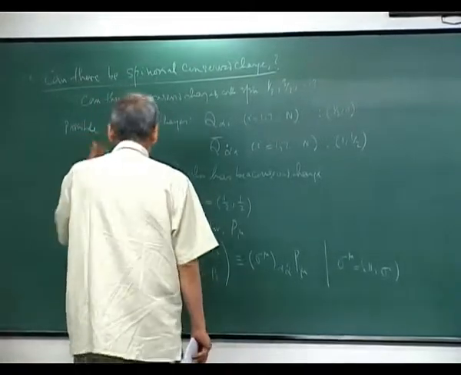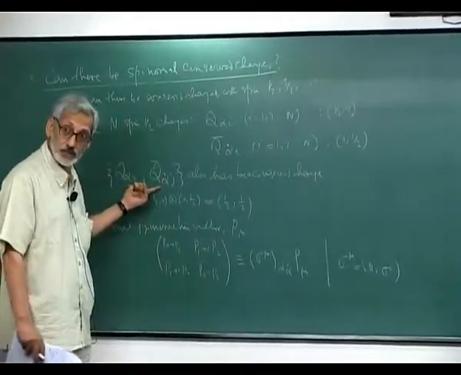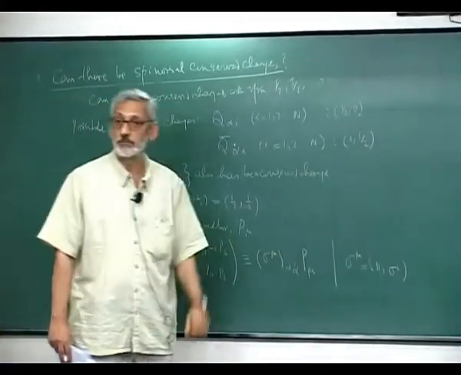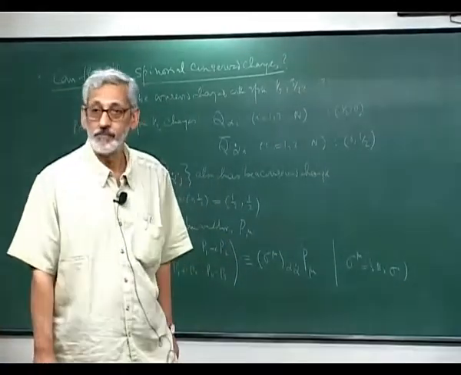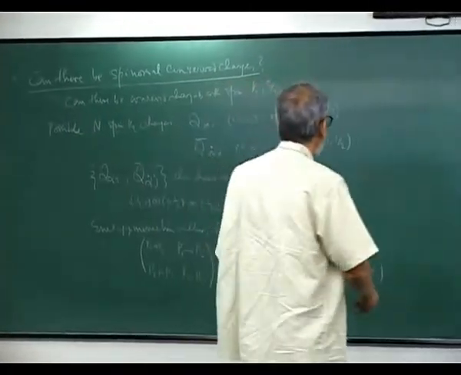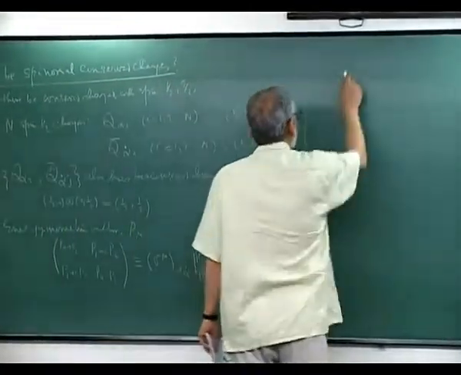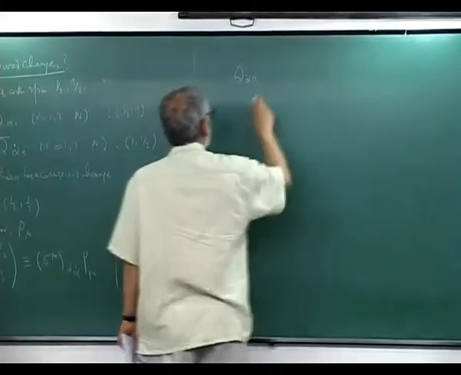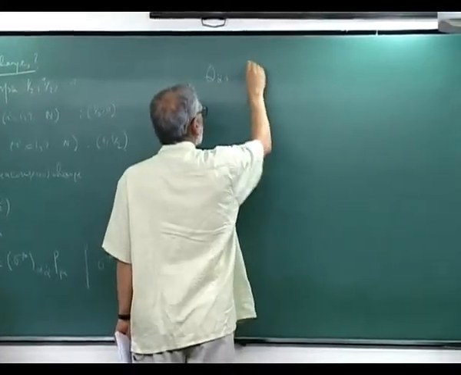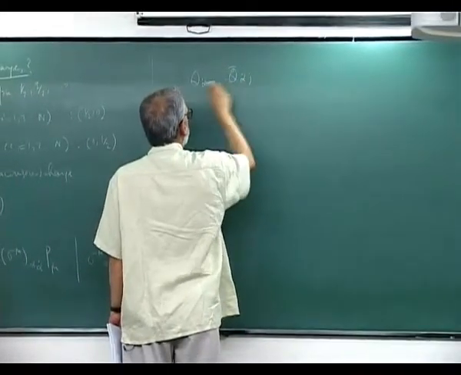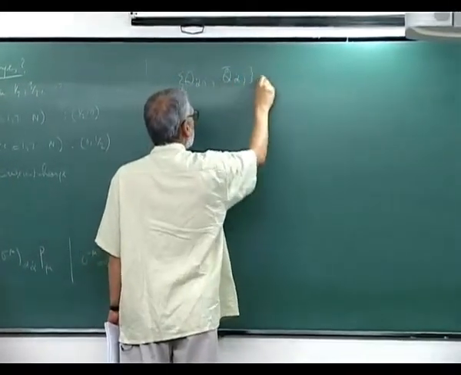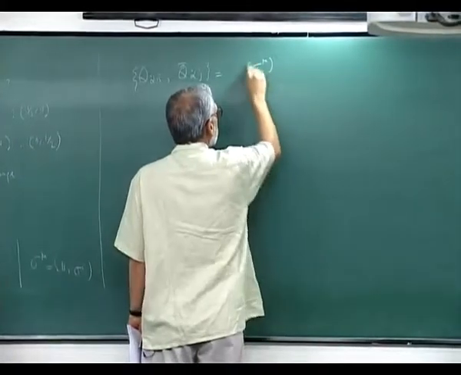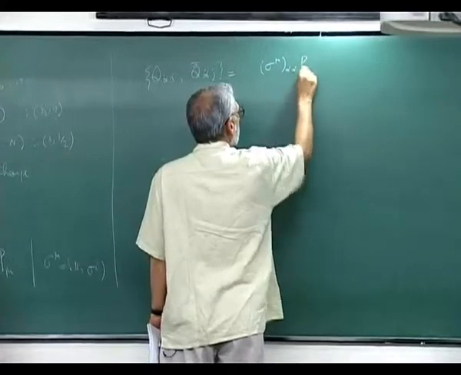So clearly if such a conserved charge exists in nature, then the anti-commutator of these two charges will be proportional to P mu. Q alpha I, Q bar alpha dot J anti-commutator has to be proportional to sigma mu alpha alpha dot times P mu.